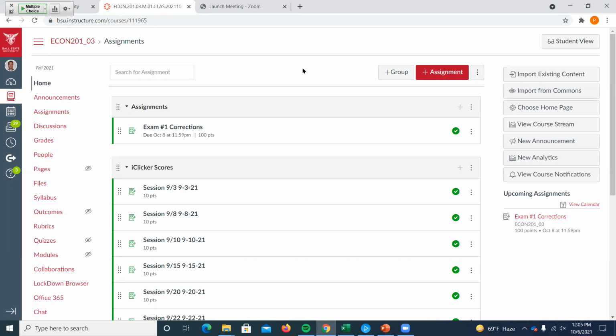So you'll essentially go through and grade your own exam and determine which ones you got wrong. Once you see the ones that you got wrong, go through and correct those. Provide me an explanation as to why you got it wrong and why the correct answer is what it is, right? I'm giving you the answer, so you should be able to get that.